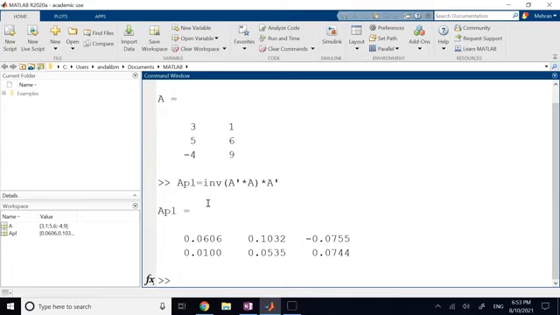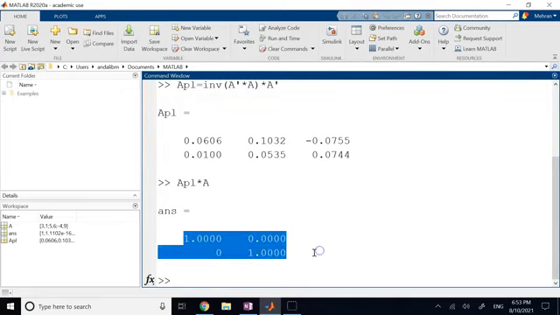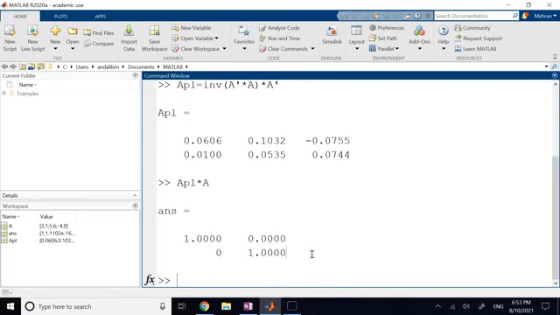And now if I multiply it from the left by A, you see I get an identity matrix, right? And then I can get the right pseudo-inverse for it. So the right pseudo-inverse is going to be something that when you multiply it from the right side, you will get the result, and that is the inverse of A A transpose.